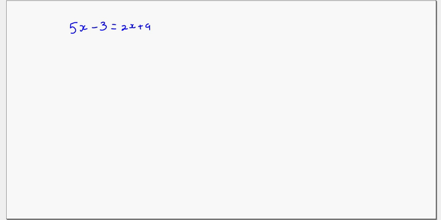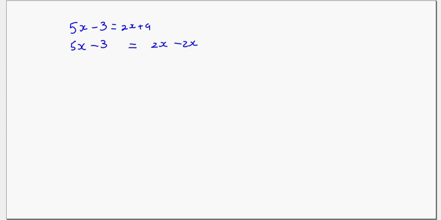So what we'll do first is remove the 2x from the right-hand side so that we would not have any x terms on the right-hand side at all. So we'll have 5x minus 3. I'm going to put an equal sign here. I'm going to put 2x, and I'm going to put minus 2x right next to it.